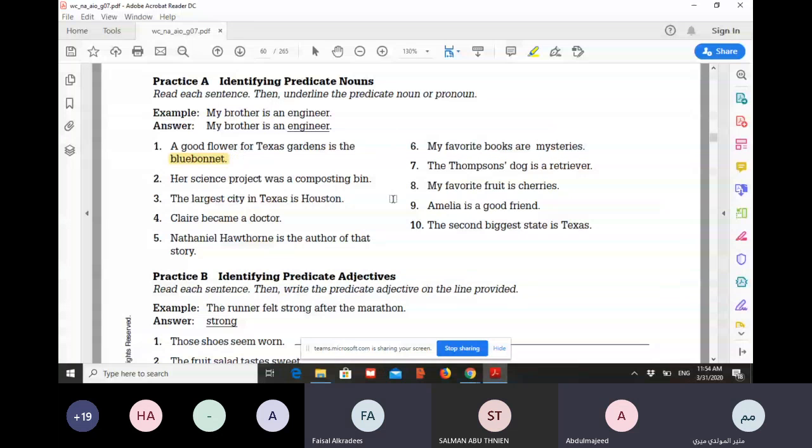Her science project was a composting bin. So what is the predicate pronoun or the predicate noun? Composting bin. Is it a predicate noun or pronoun? Predicate noun. Excellent.